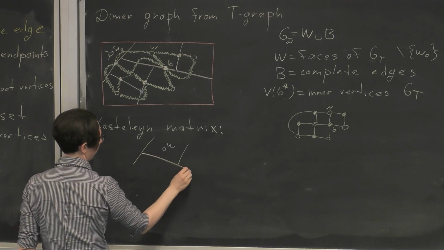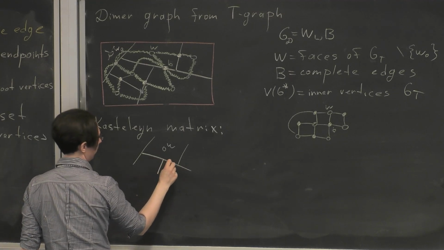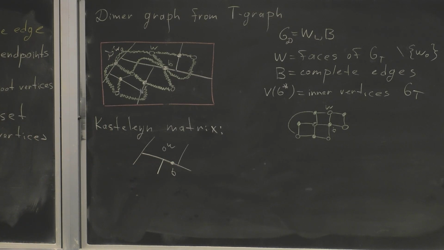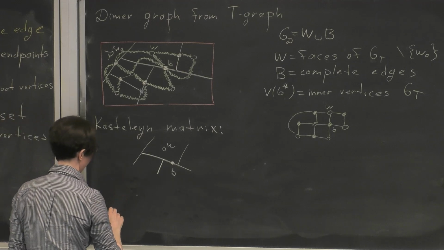For each two adjacent vertices W and B, we define the Kasteleyn matrix entry as follows.